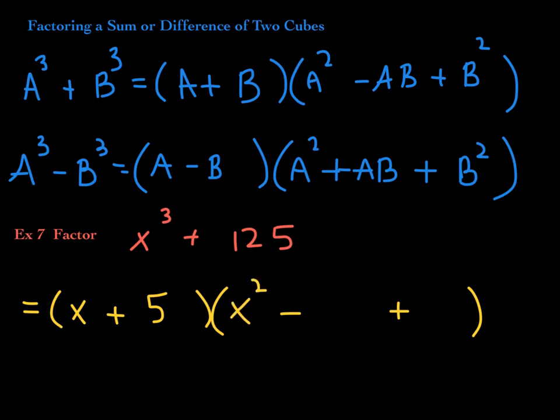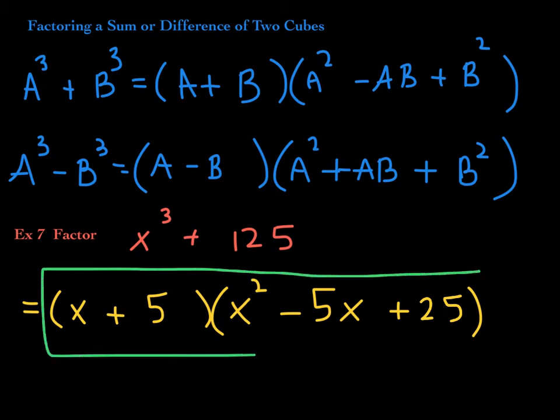This middle term, a times b, will be the product of x and 5, 5x. This last term, b squared, will be the square of 5. There you have it. This is the factorization for this sum of two cubes.